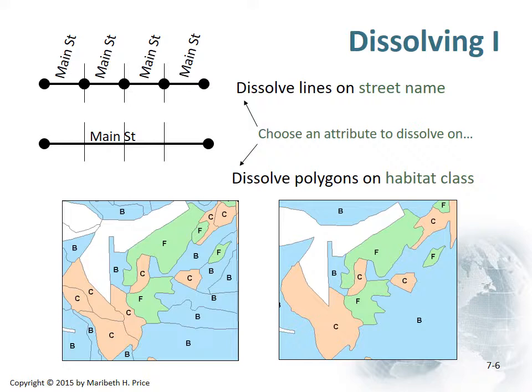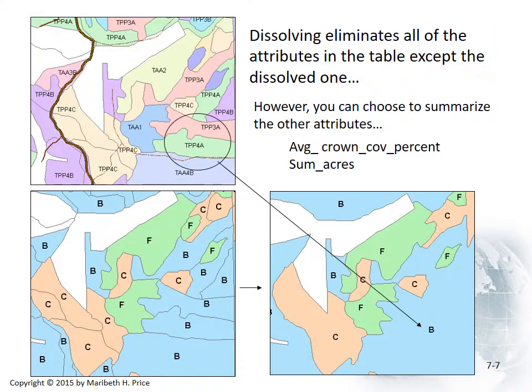So dissolve is a pretty powerful thing to use, and sometimes you need to do that for various reasons to simplify the geometry in a way that you can use that resulting data set for another purpose. So dissolving eliminates all the attributes in the table except for the dissolved one, but you can choose in the output data set to summarize the other attributes with some basic statistics.